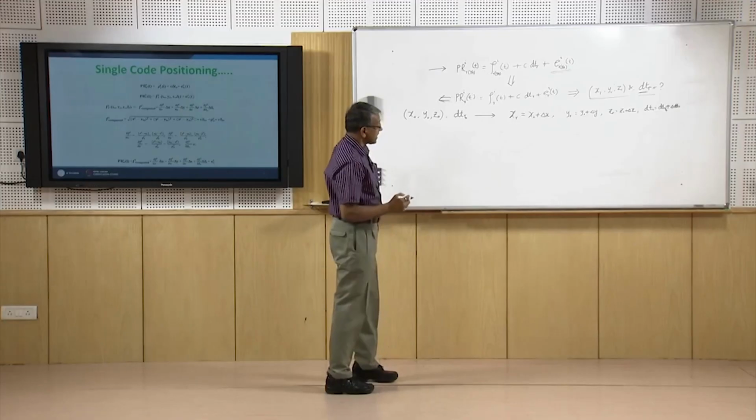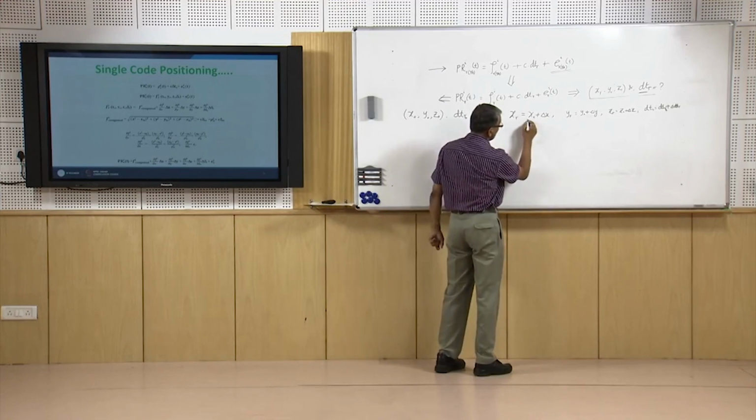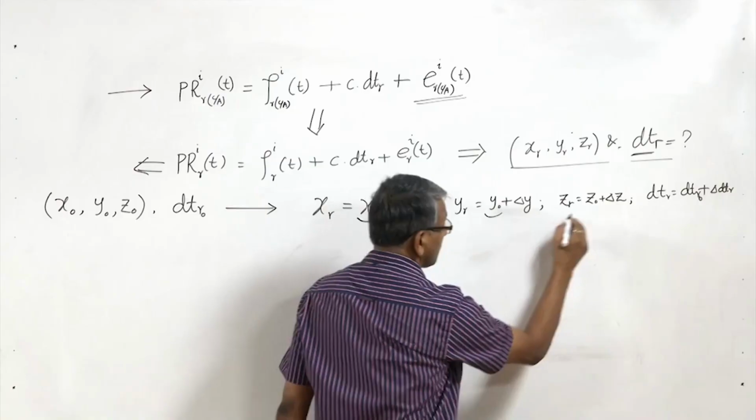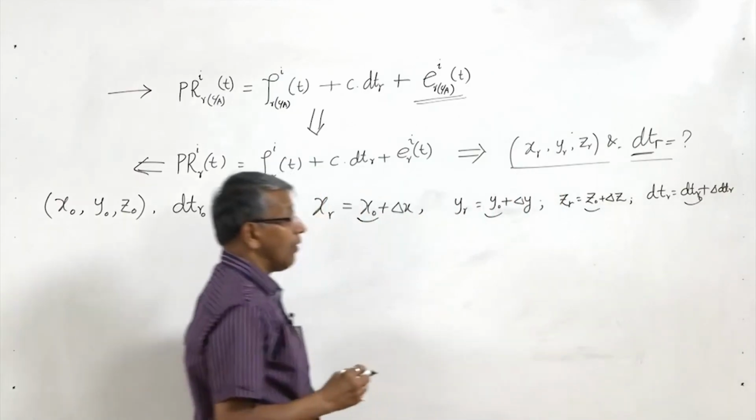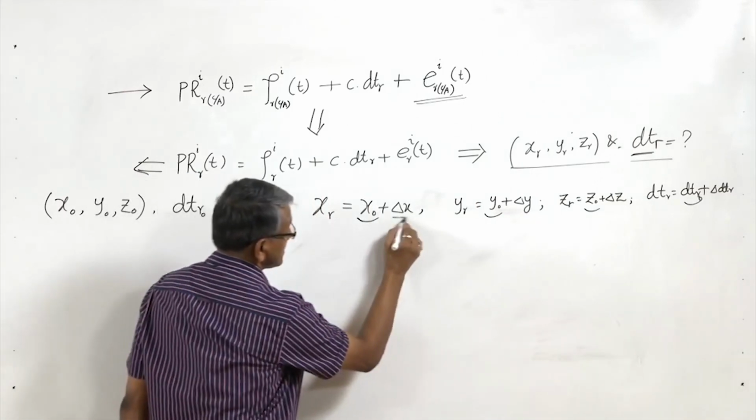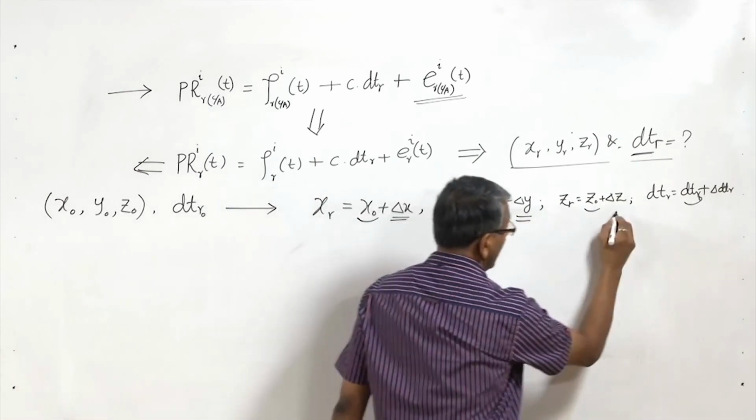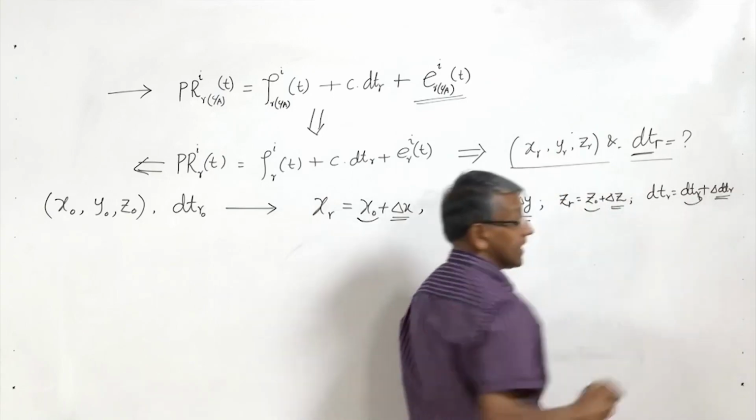Now you can see that as we have assumed these values, our unknowns are del X, del Y, del Z, del DTR.